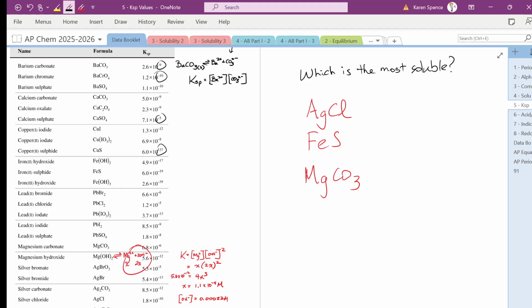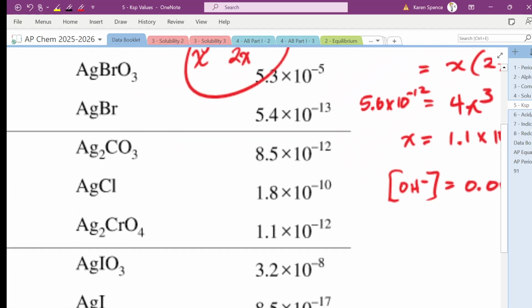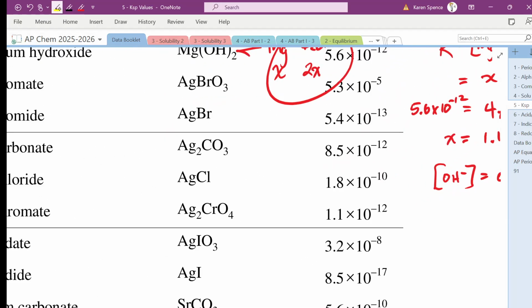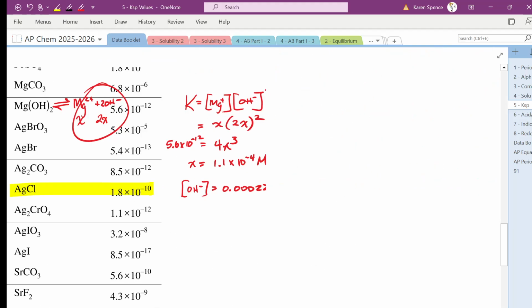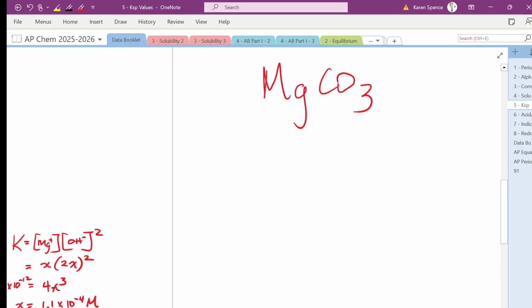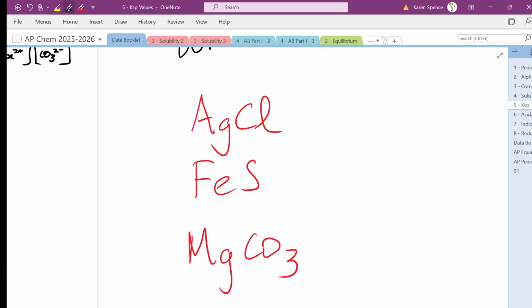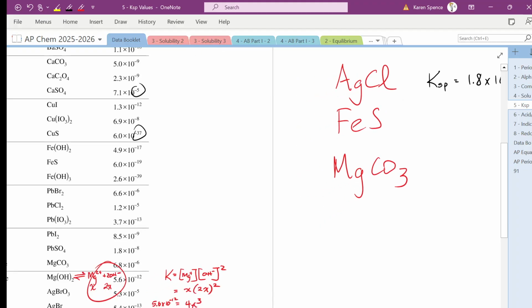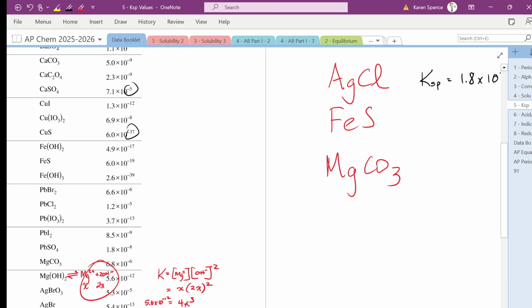What do we know about AgCl that would help us here? Okay, can we quantify that? We know its KSP, right? So we could say the KSP is 1.8 times 10 to the minus 10. Iron sulfide, 6.0 times 10 to the negative 19.